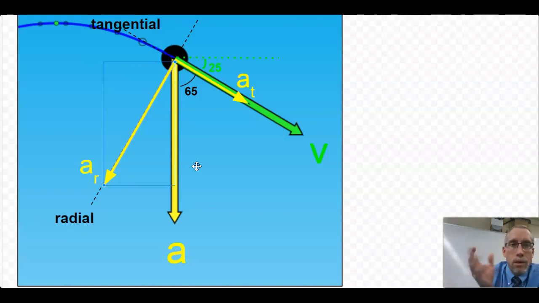We usually say they're oppositely directed, or one's negative. Same idea there. We don't ever have a convention for the radial. There is no positive or negative direction for the radial. But the positive-negative convention for tangential is anything with the motion is positive and against the motion is negative. Okay, that'll happen if the angle between them is more than 90 degrees.